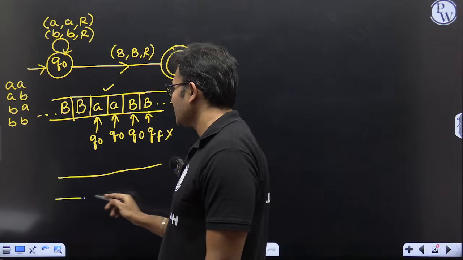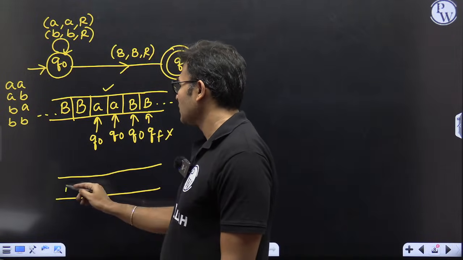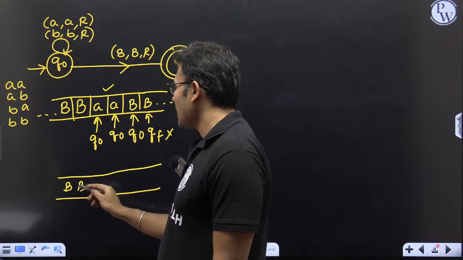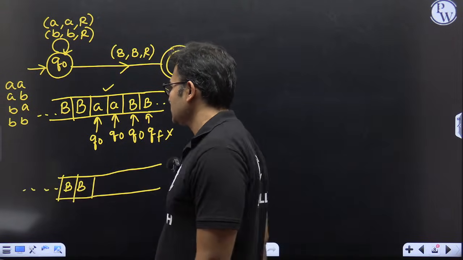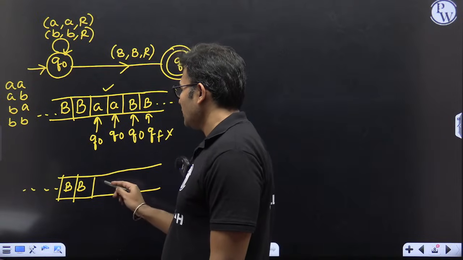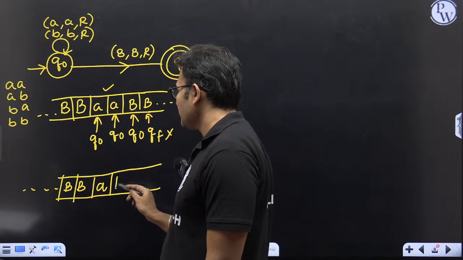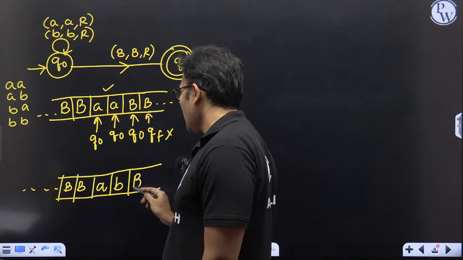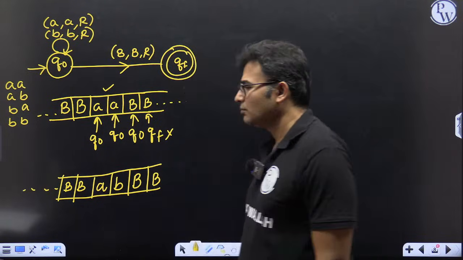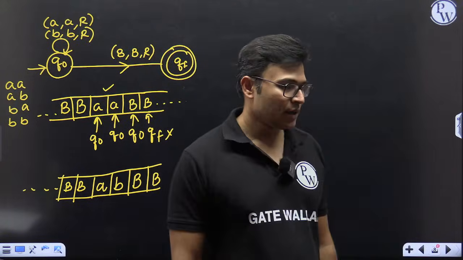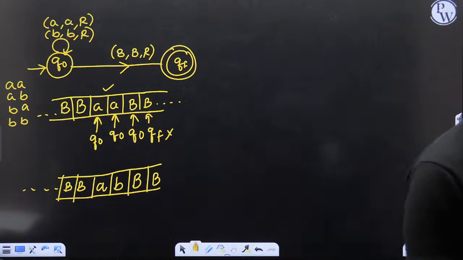Now do it for AB. Blank, blank. There are a lot of blanks. And then A, B, blank, blank.